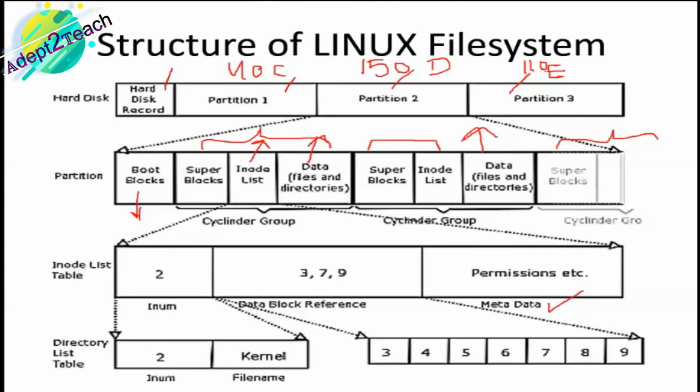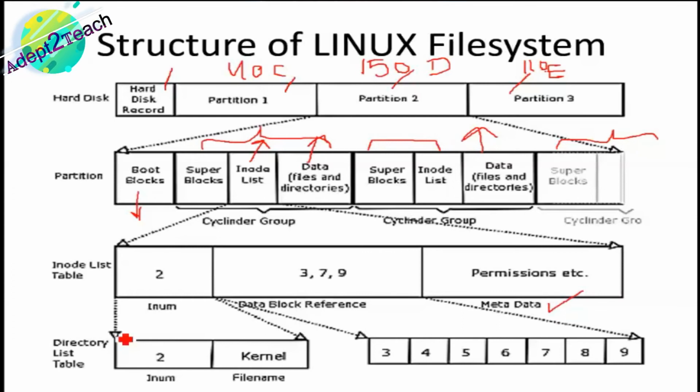But we need to have names also, because at times we are storing the file in a directory structure, like in D drive, in Linux folder, in MCA folder, you have a file called index.txt. So how to identify it? There has to be a referencing between the link that the user sees. From the user perspective, this link is very important, because you have stored your file at a particular location.